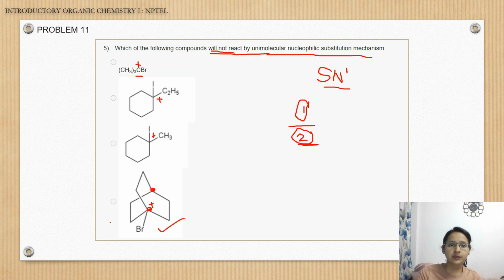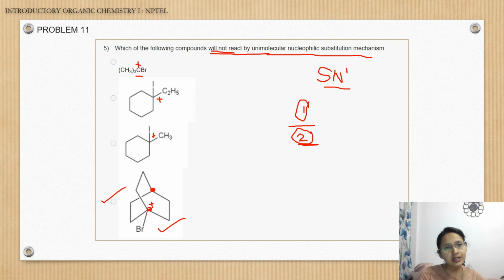So the correct option is D, right? Yeah. See, the stability of carbocations: tertiary carbocation is more stable than secondary, than primary, right? Similarly in the case of SN1, the reactivity order is like that only.